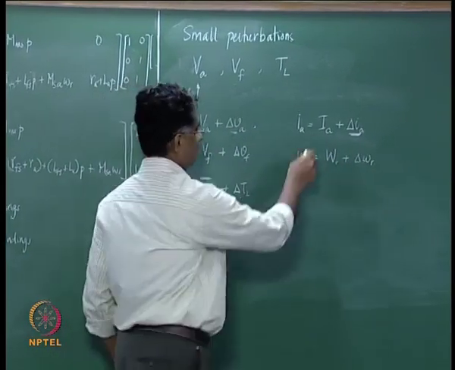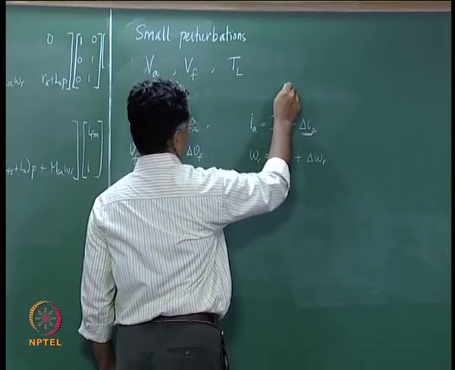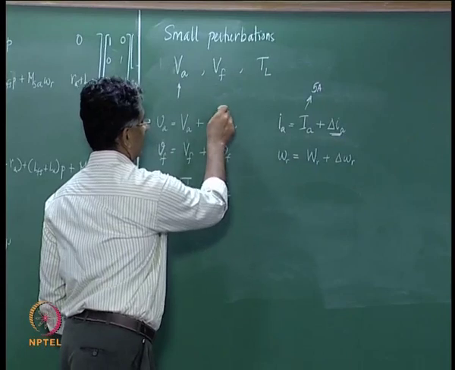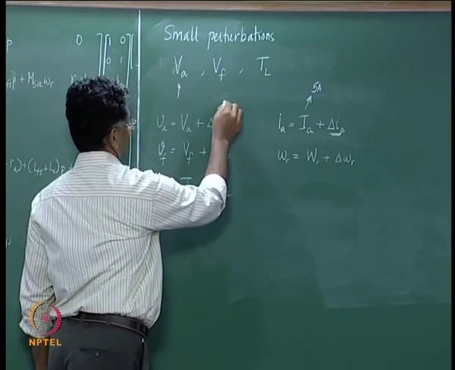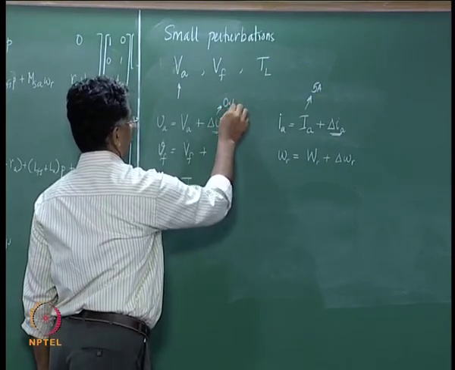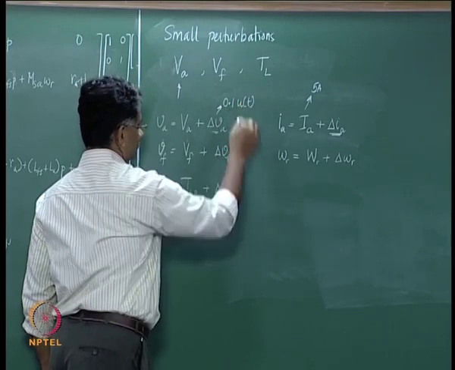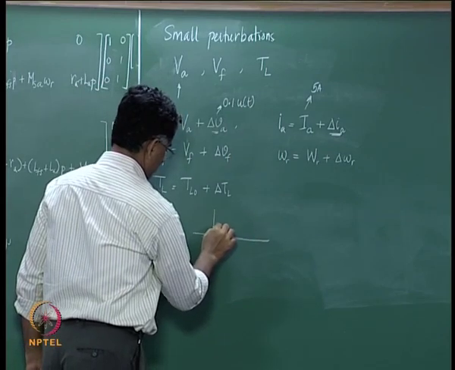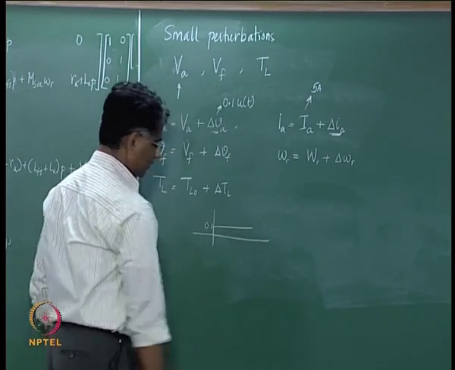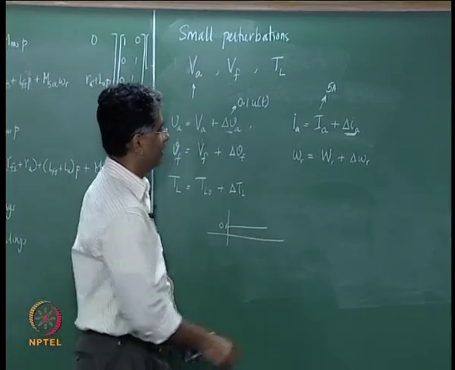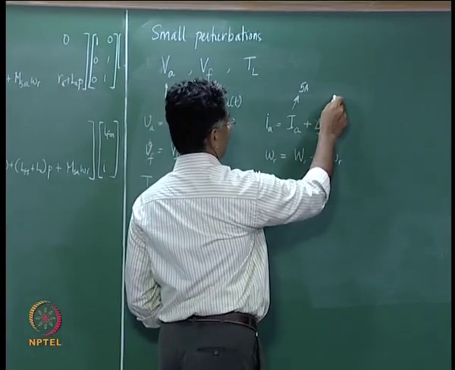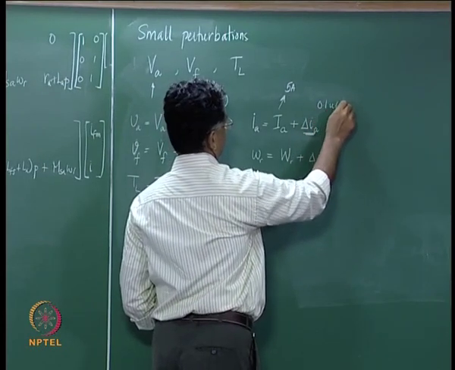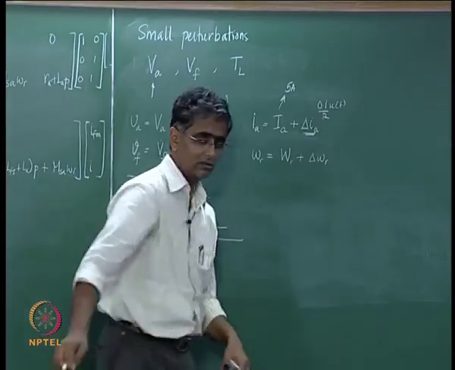For example, if the initial current was 5 ampere and delta VA is 0.1 into u of t, a step of 0.1 level, this does not mean that IA would be 0.1 into u of t or 0.1 by r into u of t. That is not true.